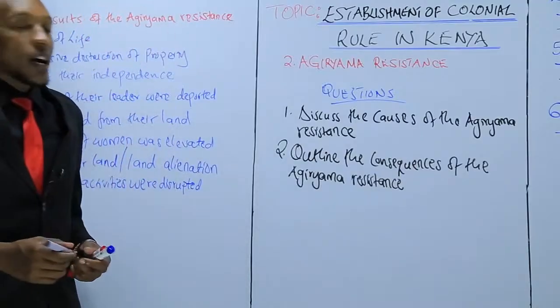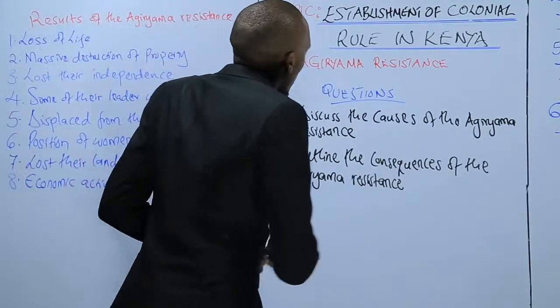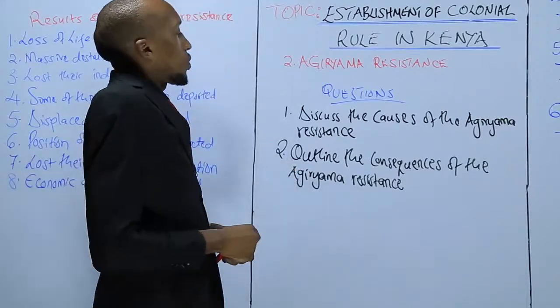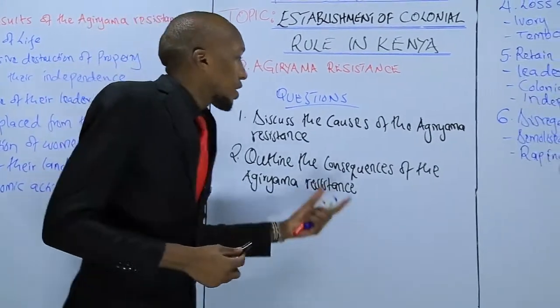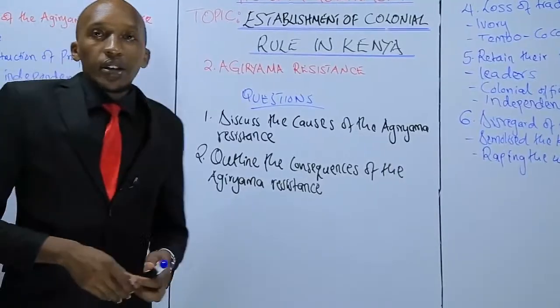Number 1, discuss the causes of the Agriama resistance, and number 2, outline the consequences of the Agriama resistance.